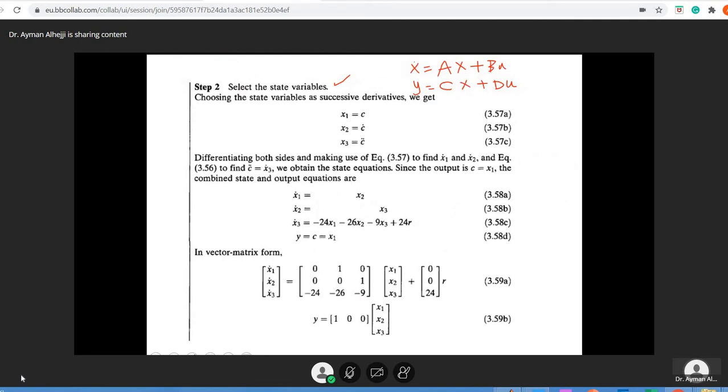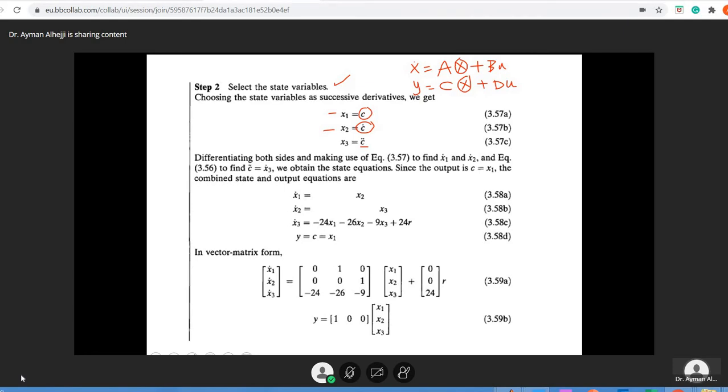Now we need to select this x. What is this x? Okay, x1, we take as the lowest order, C. x2, we take as C dot. x3, we take as C double dot. How? I will show you how.